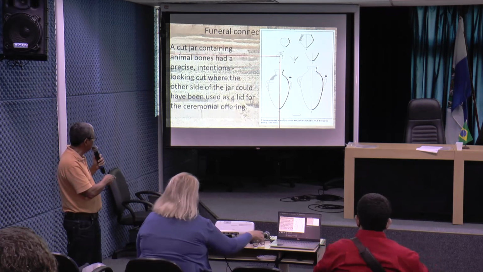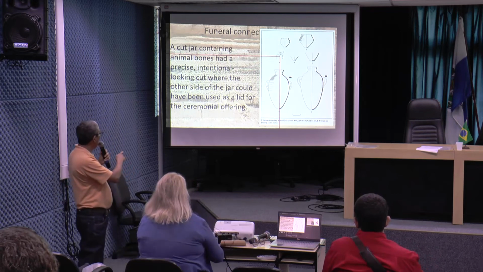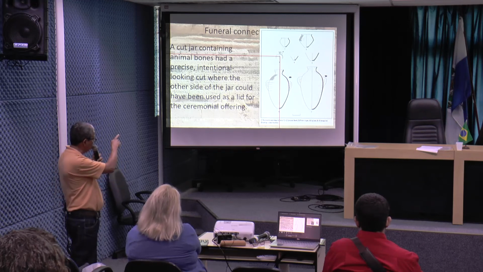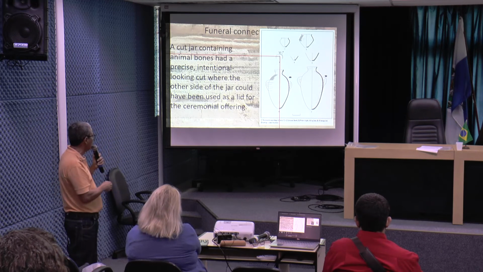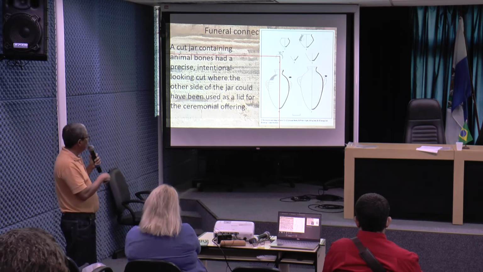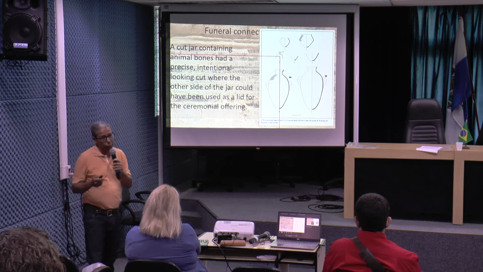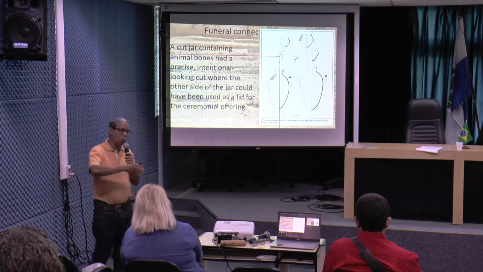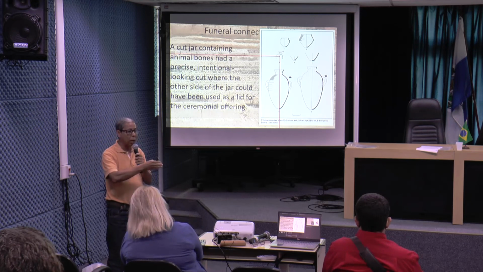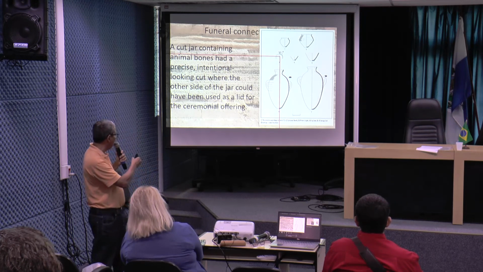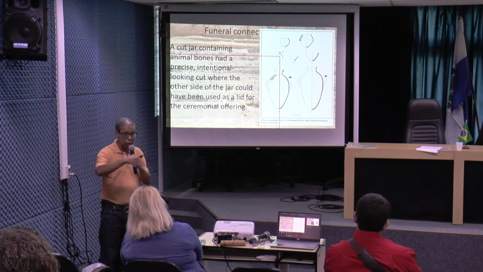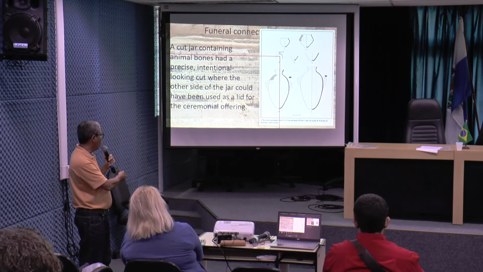One of the storage jars was cut precisely, and in part of the jar animal bones were found, and the other part was possibly used to close and protect the upper end inside the chamber.